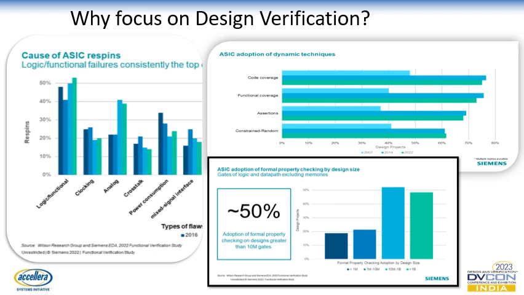The bottom graph also shows that the adoption of formal property verification is growing very well over the years. The reason we are showing this is that assertions seem to be a great area: if you are a newcomer to the design verification domain, this could be a great area for you to pick up. You're very likely to find great, high-paying jobs, and satisfactory for your career.